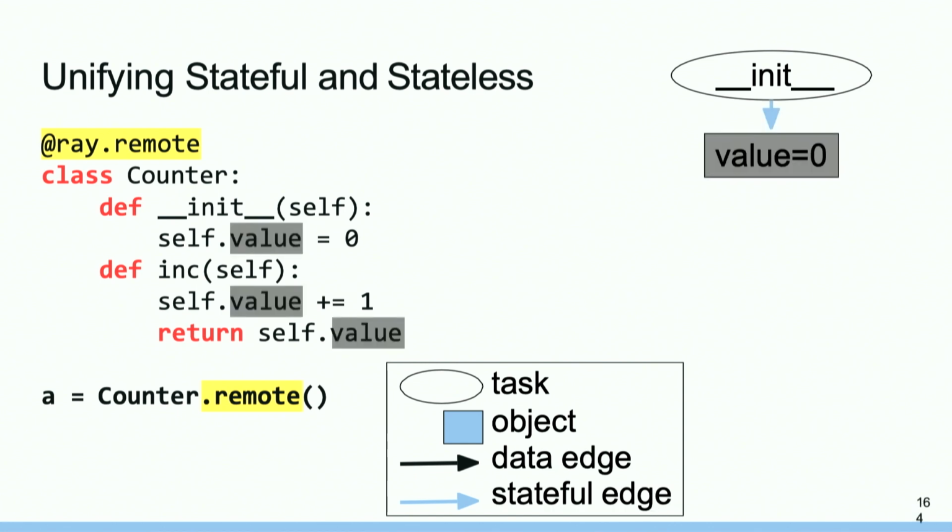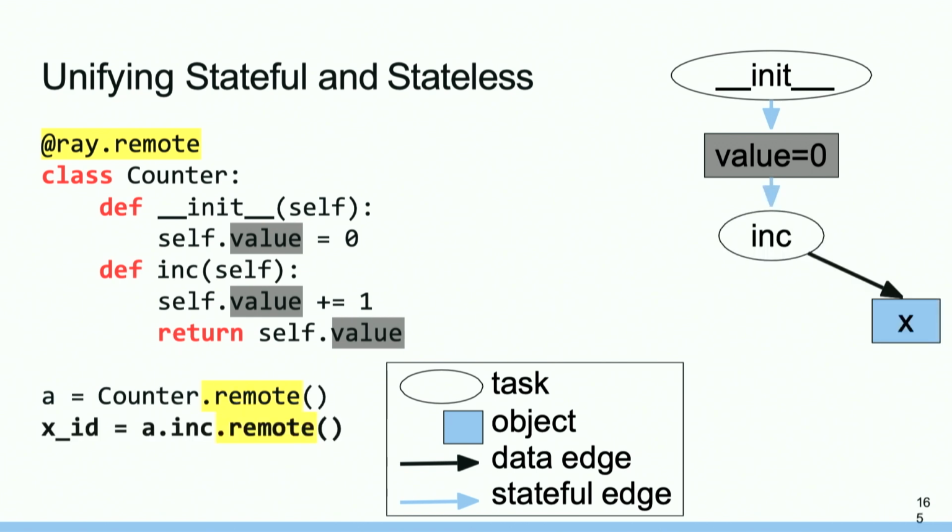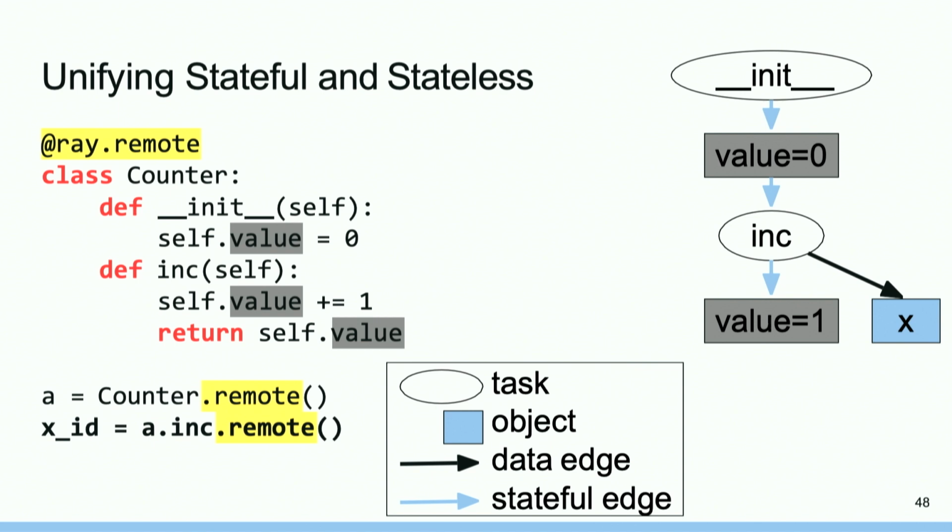And the system in the background will construct this computation graph, which first runs the constructor. It starts off with the value of the class being 0, as initialized in the constructor. And then, for example, we call increment on it, which will call the increment method on that actor, and then advance the state to value equal to 1.